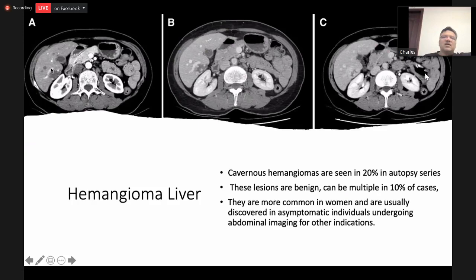That means the enhancement pattern here is similar to the enhancement pattern in the aorta. In the portal venous phase, again you see discontinuous nodular centripetal enhancement, and this follows the same pattern as the aorta. So it follows the blood pool.